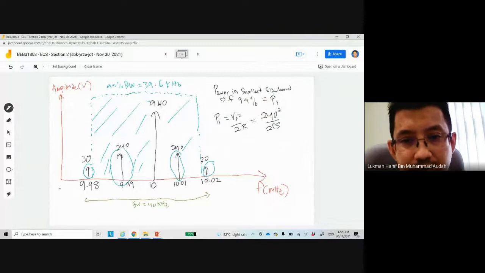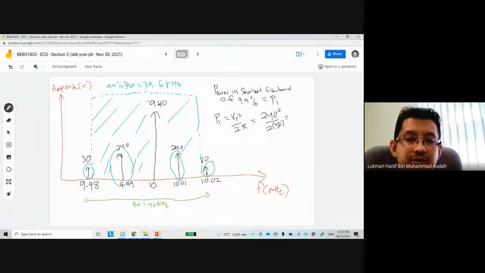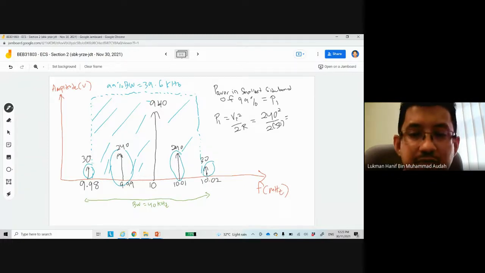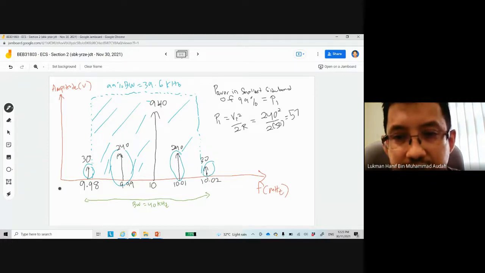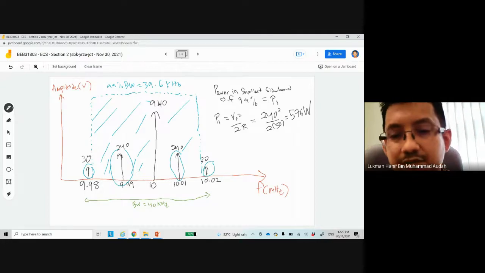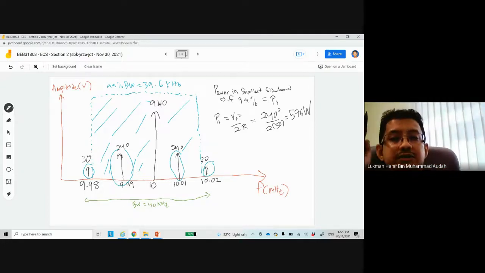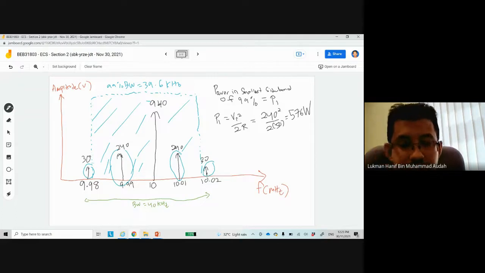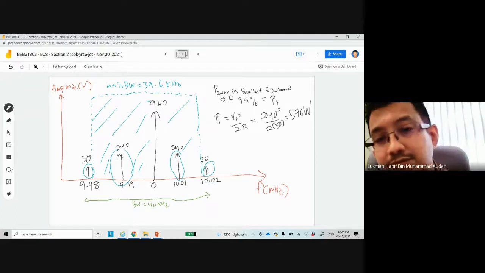So ini berapa? So 240 square divided by 100. So you get 576 watt. Okay. So 576 watt. So this is the power in the smallest sideband of 99% bandwidth.